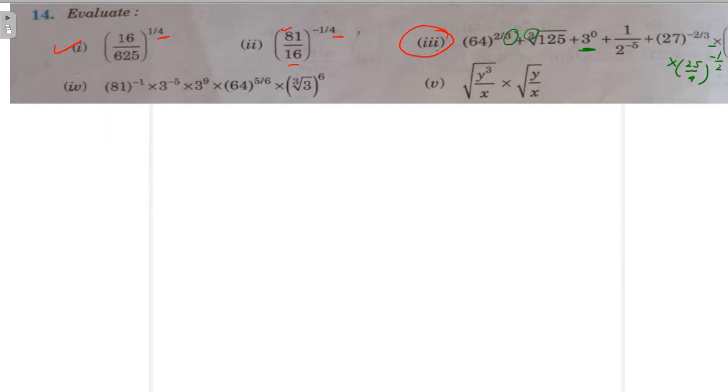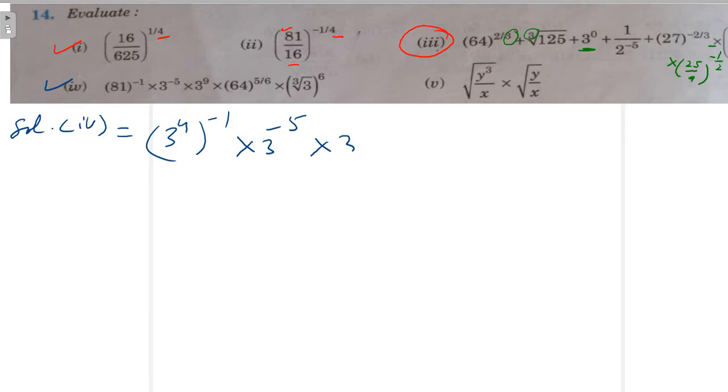So now the question part four is this. Solution part four. So 81 you can write as 3 raised to power 4, as we have done earlier, in this case, raised to power minus 1, multiplied 3 raised to power minus 5, multiplied 3 raised to power 9.